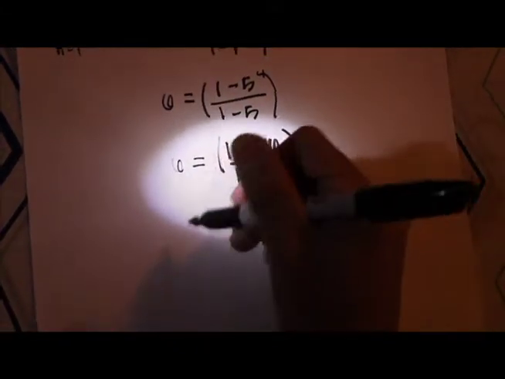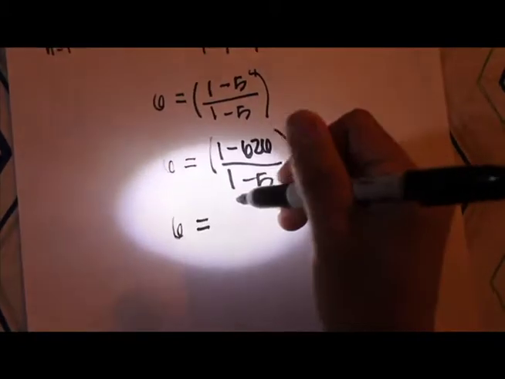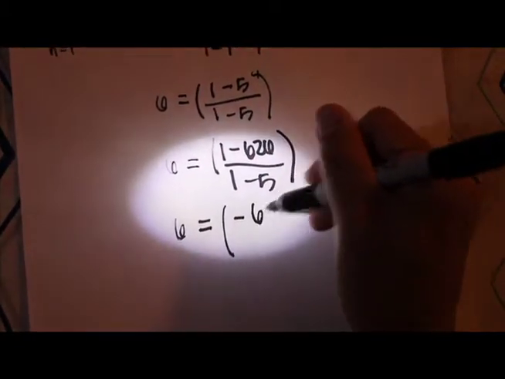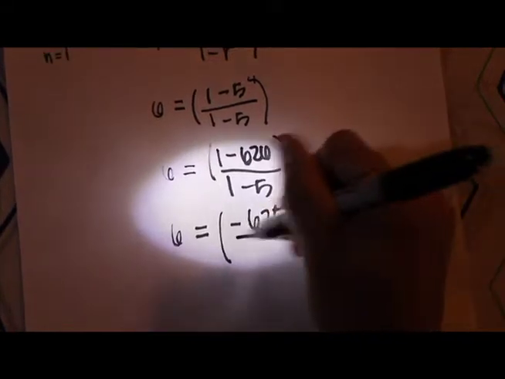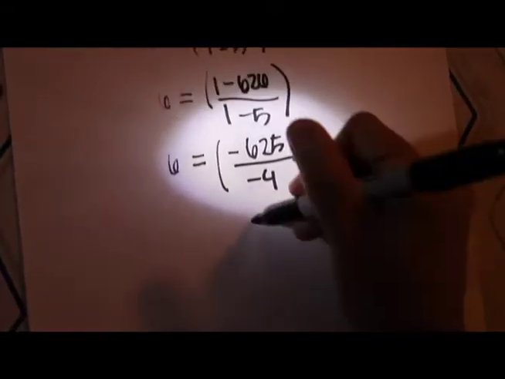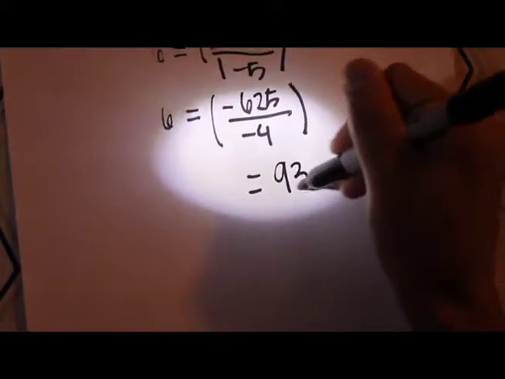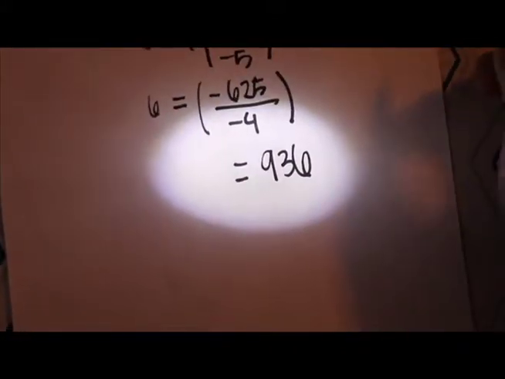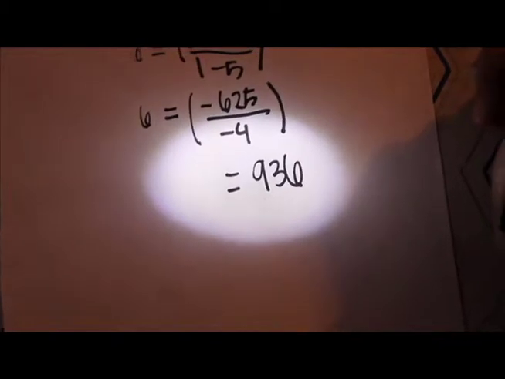From that, we get 6 times negative 624 over negative 4. And that gives us a number of 936 friends that Jedd will accrue over 4 years of high school.